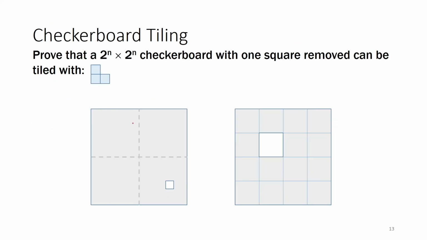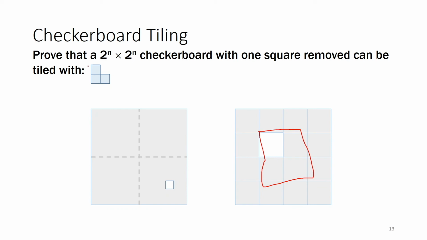Checkerboard is very interesting. So we have a 2 to the nth multiplied by 2 to the nth checkerboard, with one square removed. If we see when n is equal to 1, that will be like this inside of that.